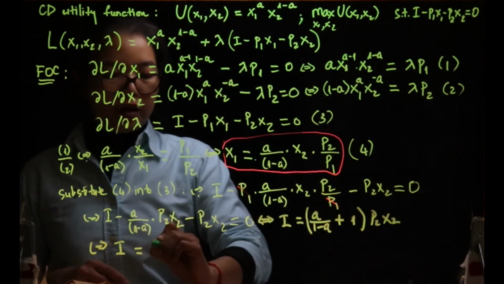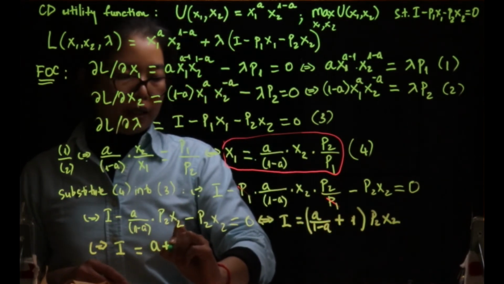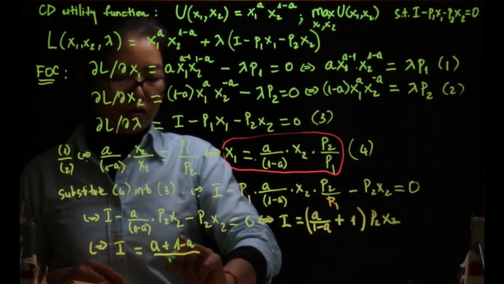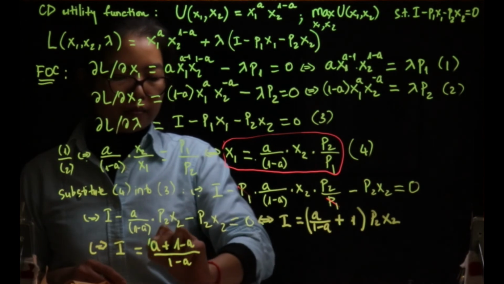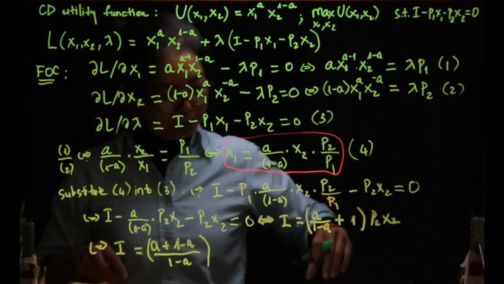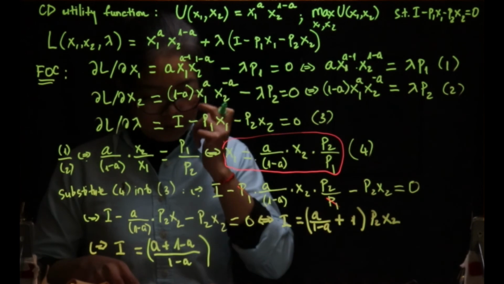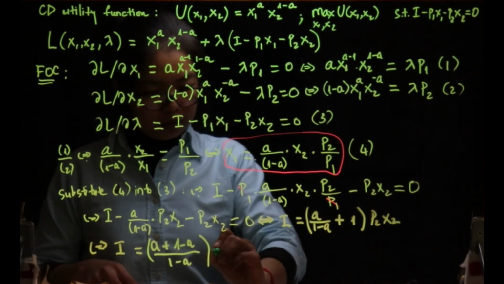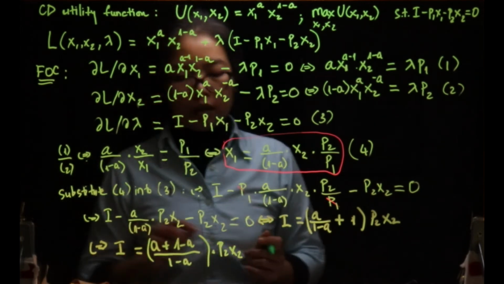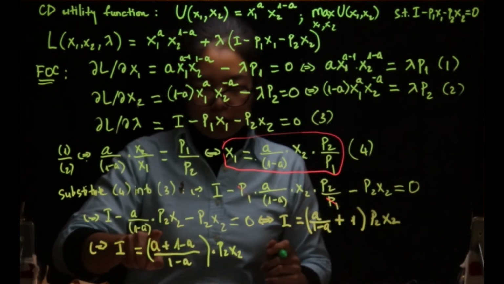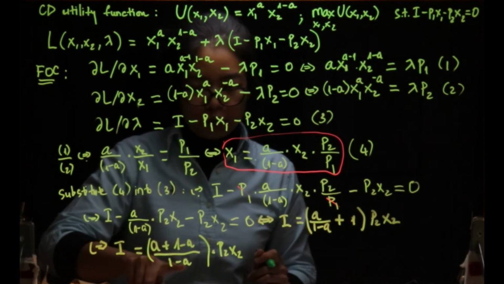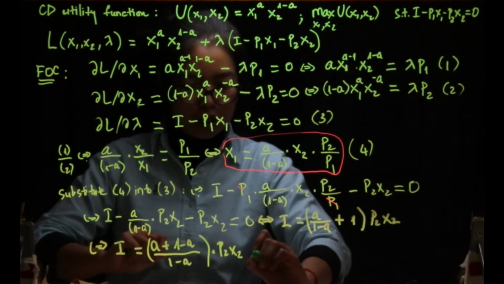So we would have a plus 1 minus a over 1 minus a, times p2x2. And here you could simplify the a's already. It will be 1 over 1 minus a.